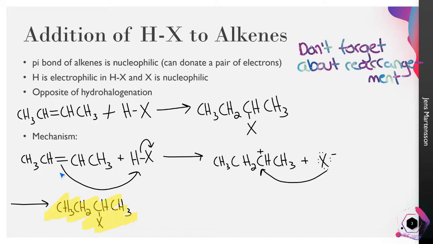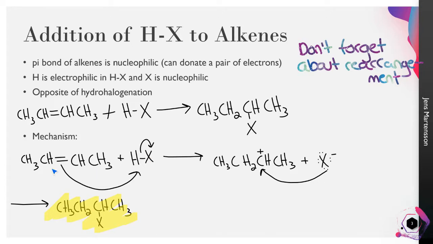Like I said, this pi bond is nucleophilic, so it'll be able to donate electrons to this hydrogen from the HX. That HX bond will break, and X can be any halogen, by the way. These HX bonding electrons will go to the X, okay? And we'll get to regiochemistry in a minute, but you know that the hydrogen adds to the carbon with the most hydrogens already on it.